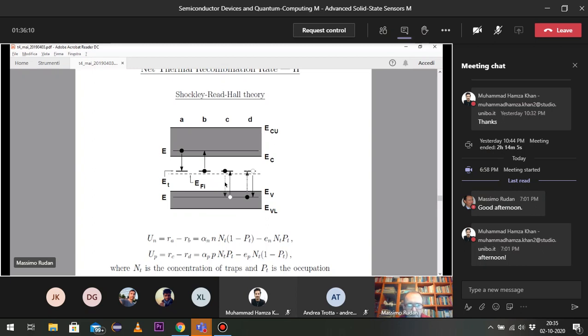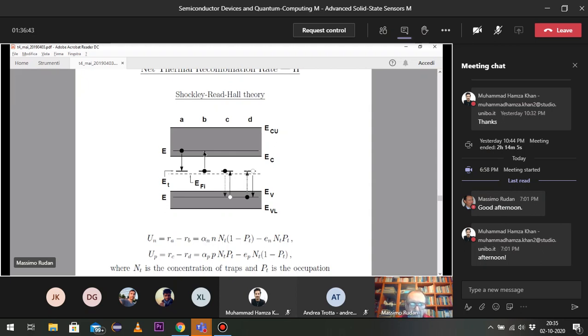The inverse phenomenon is also possible. You may have an electron that initially sits in a state of the valence band, absorbs energy from the vibrations of the lattice, and goes into the trap. So this is the event labeled D, okay? After a while, absorbs another block of energy and goes up into the conduction band.